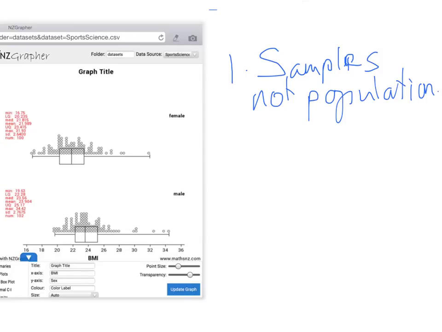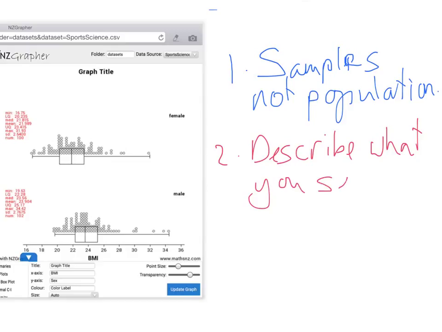Right, the second key I would say is describe what you see first. The first thing I notice is that most of the male data is higher than most of the female data. The next thing that I do then is I give some evidence for it.